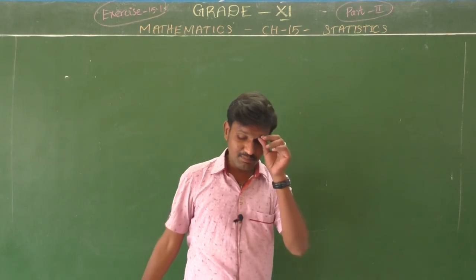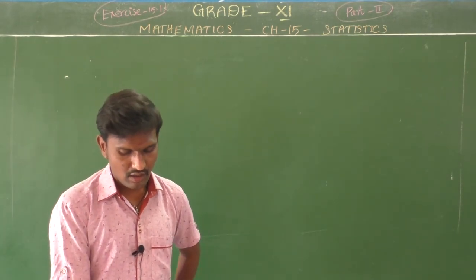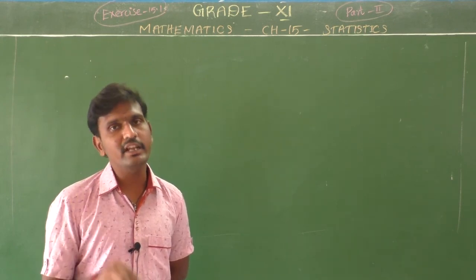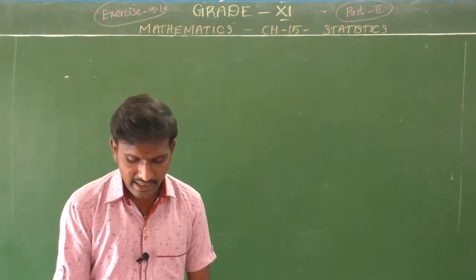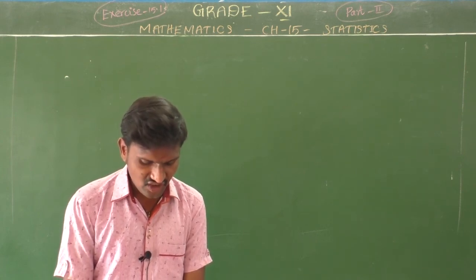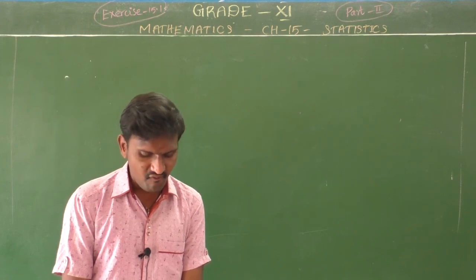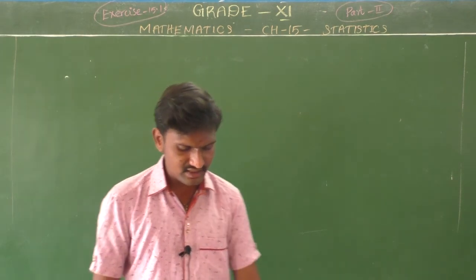So first, this pattern of questions: example 4 is one question on mean deviation about mean, and exercise problems on mean deviation about mean are 5 and 6.